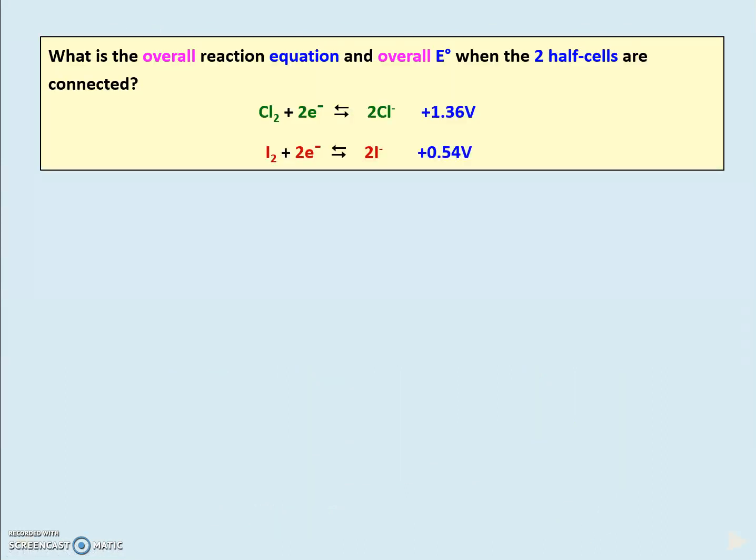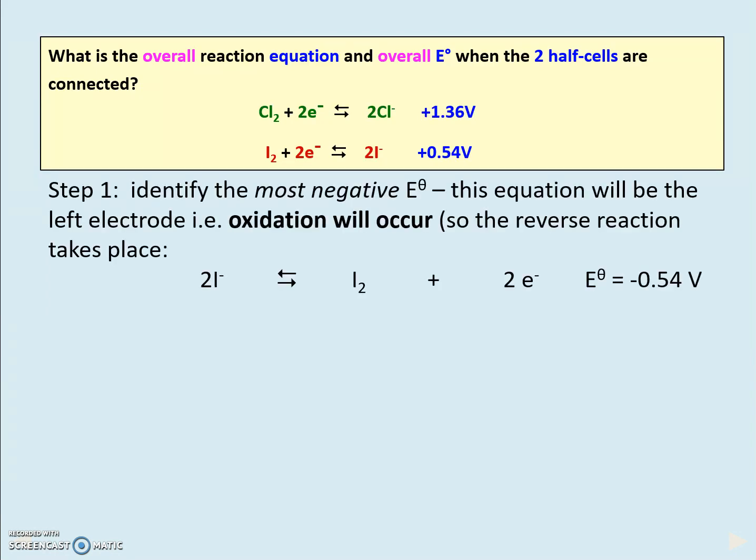Okay, final example. You might be given a couple of equations like this, and asked to calculate the overall EMF of the cell and write an equation for what's going on. So first of all, you've got your two sets of values.